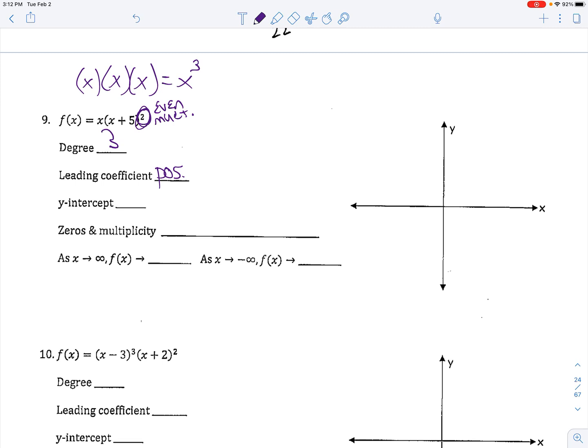The y-intercept, you put in 0 for x. This is going to be interesting here. 0 times 0 plus 5 squared. 0 times 5 squared is 0. 0 times 25 is 0. That's interesting. Y-intercept of 0.